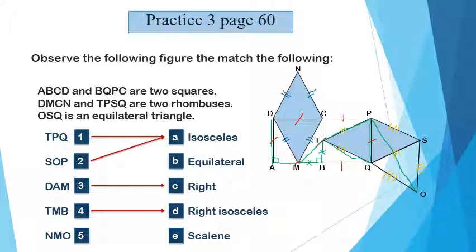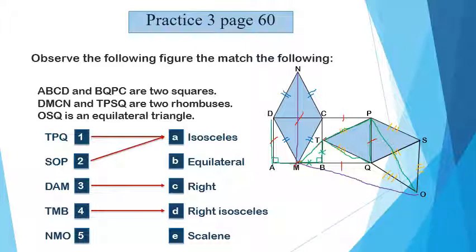NMO. Let's use another color. NMO. I joined N to M and M to O. Surely you have to do that by using your ruler, but since I'm working with a cursor, the sides are not accurate.